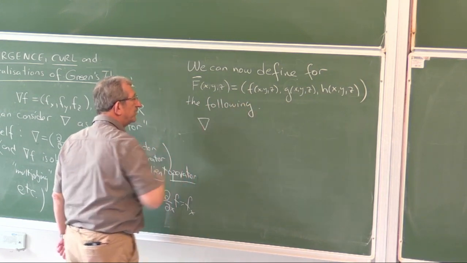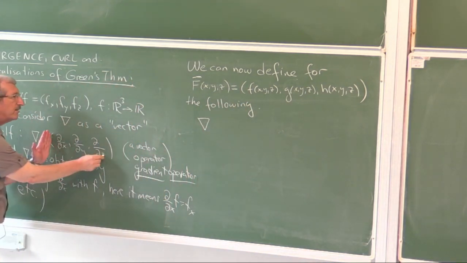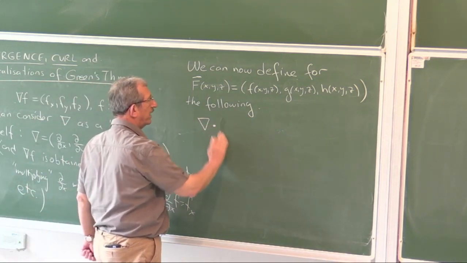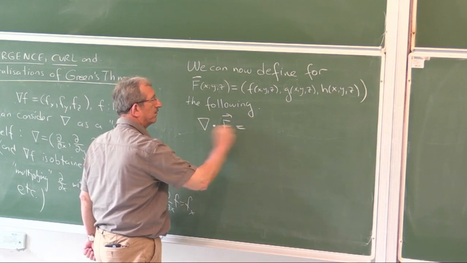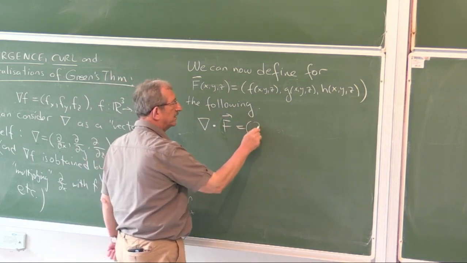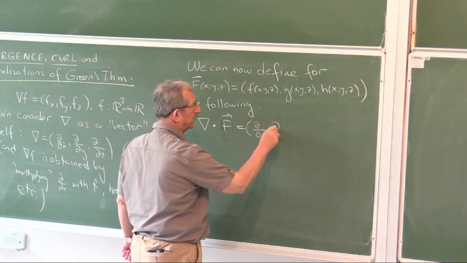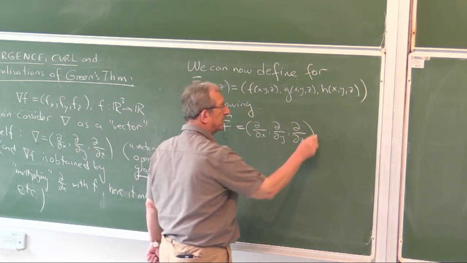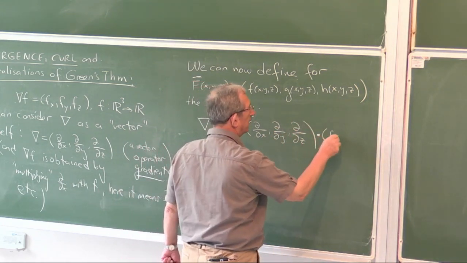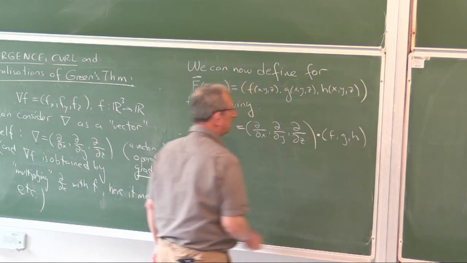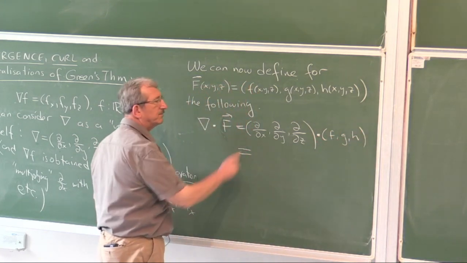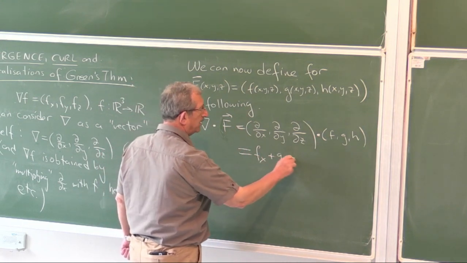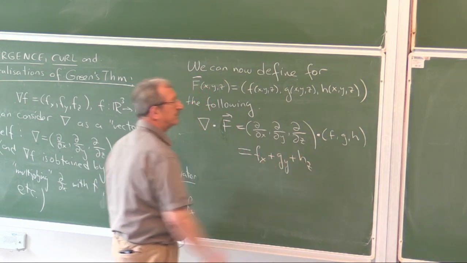Now, we consider del as a vector, so we can take the dot product with F. Well, that means del by del x, del by del y, del by del z, dot, FGH. Hence, it simply means f sub x plus g sub y plus h sub z.